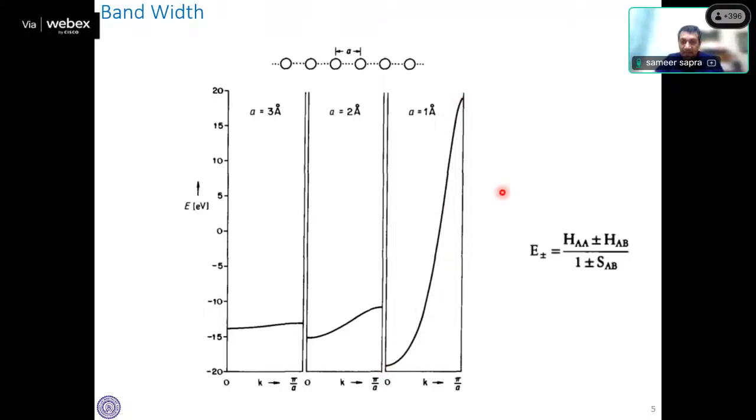Remember, this is what tells you the stabilization, the Coulomb and exchange integral, and the overlap integral in the bottom. If you look at the center of the band, that is where your atomic orbital is. This always reminds you that the anti-bonding orbital is more destabilized than the bonding orbital is stabilized, right?